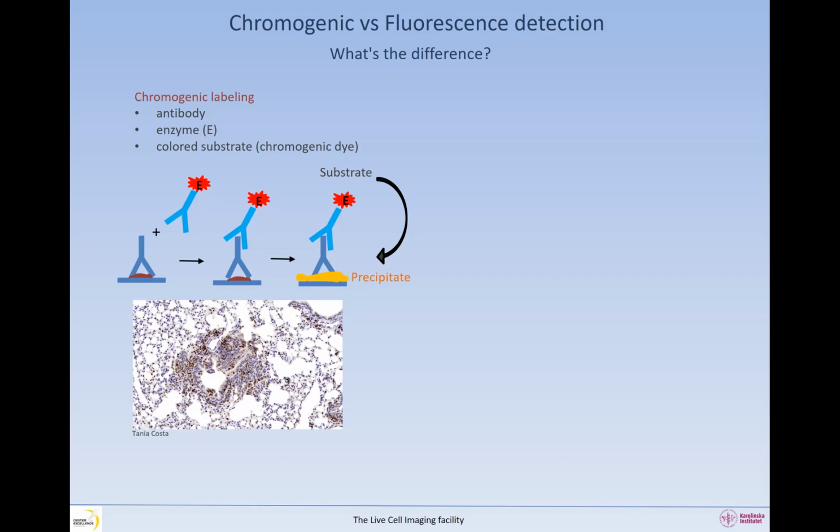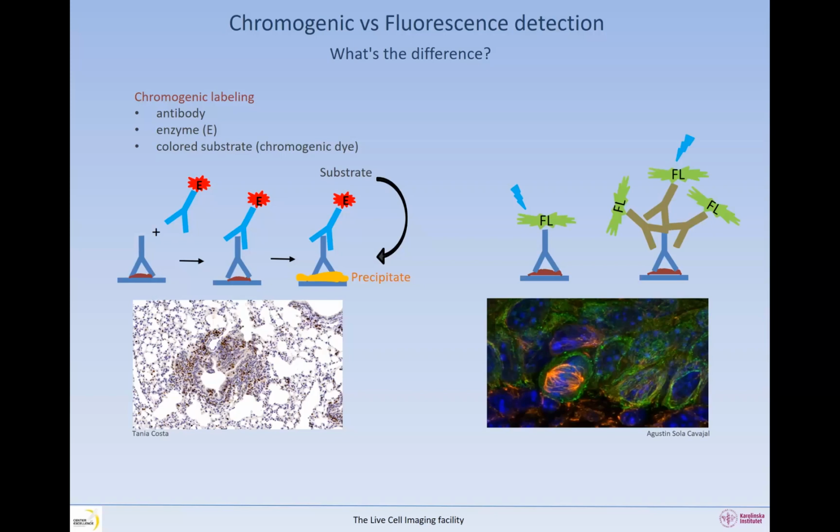After that, you are basically washing away the rest of the substrate. The most commonly used enzymes are horseradish peroxidase or alkaline phosphatase. And for example, a widely used substrate is DAB.